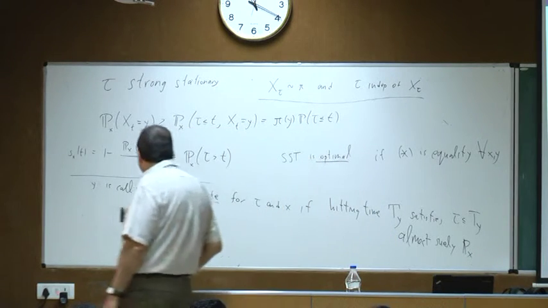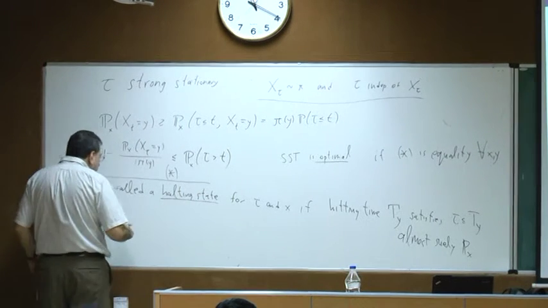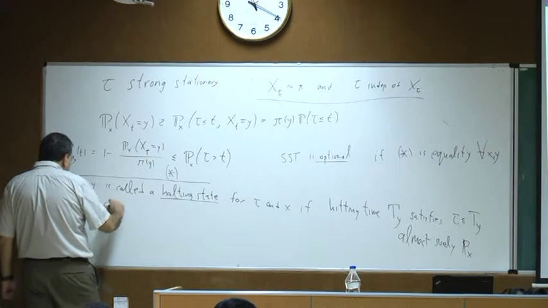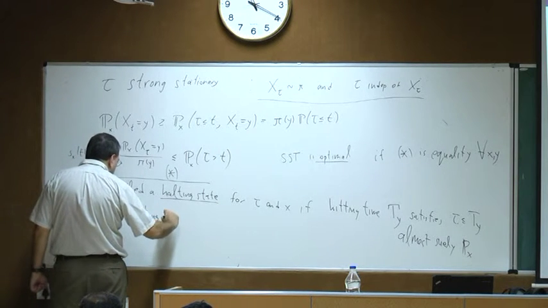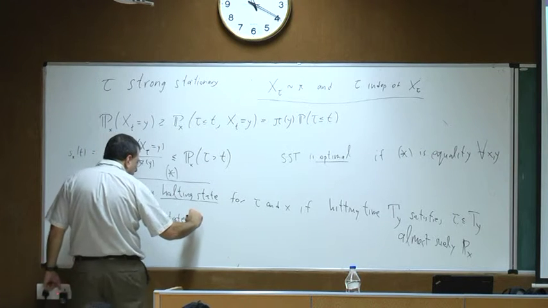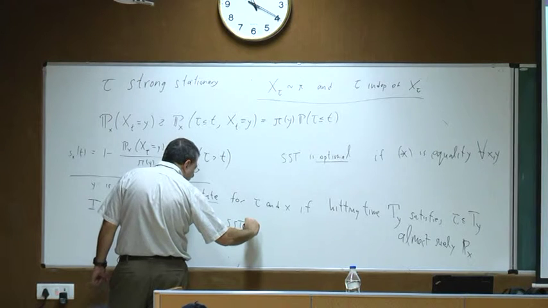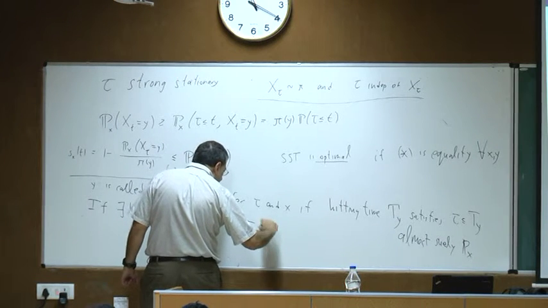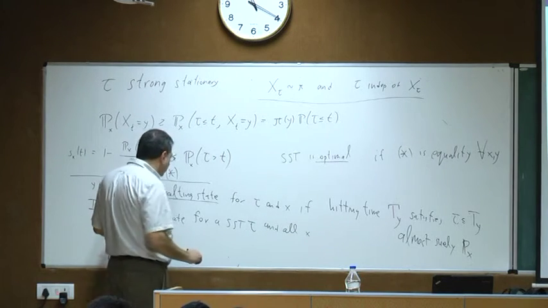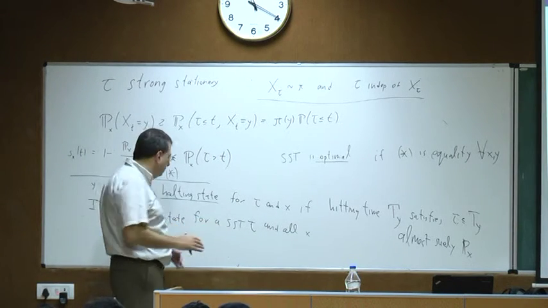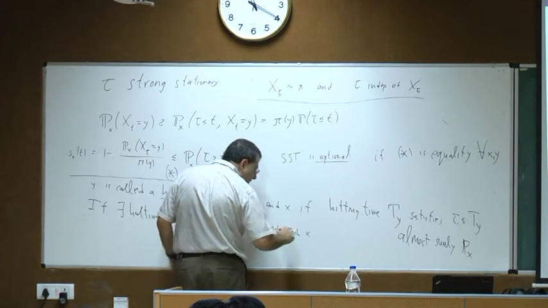Now here's the beautiful fact. If there is a halting state for a strong stationary time tau, and all x, so when I say for each x, because the halting state will be different for each x.